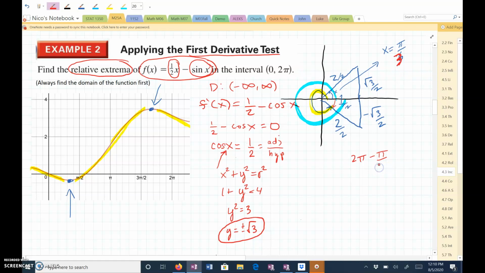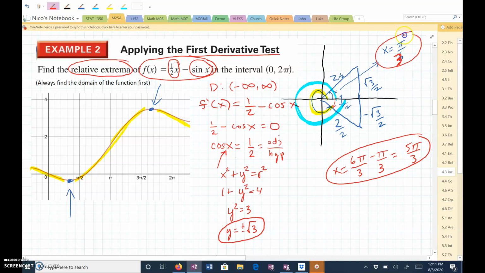Pi over 3. Let's see, this is going to be 12 over, what's that? It's going to be 6 over 3, which would be 5 pi over 3. That's going to be the other x.